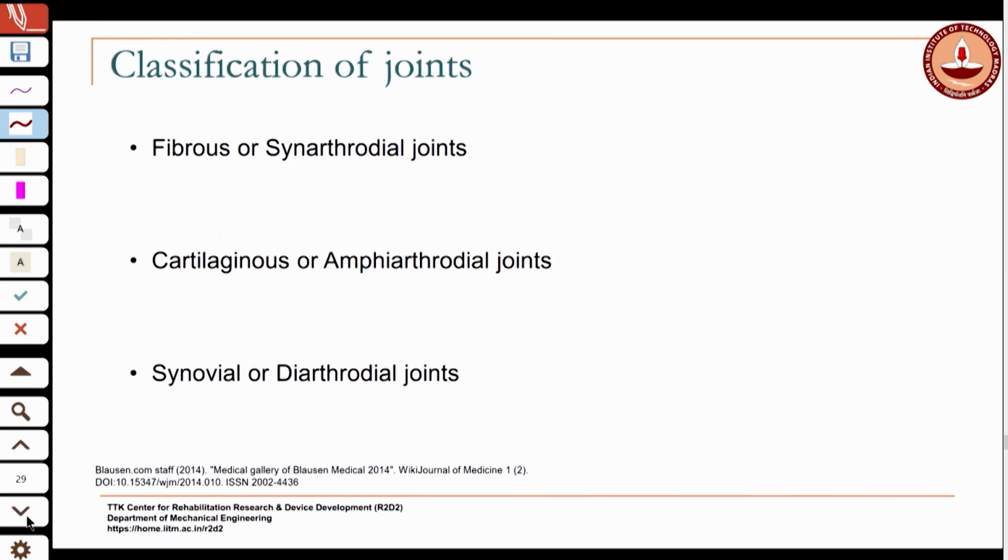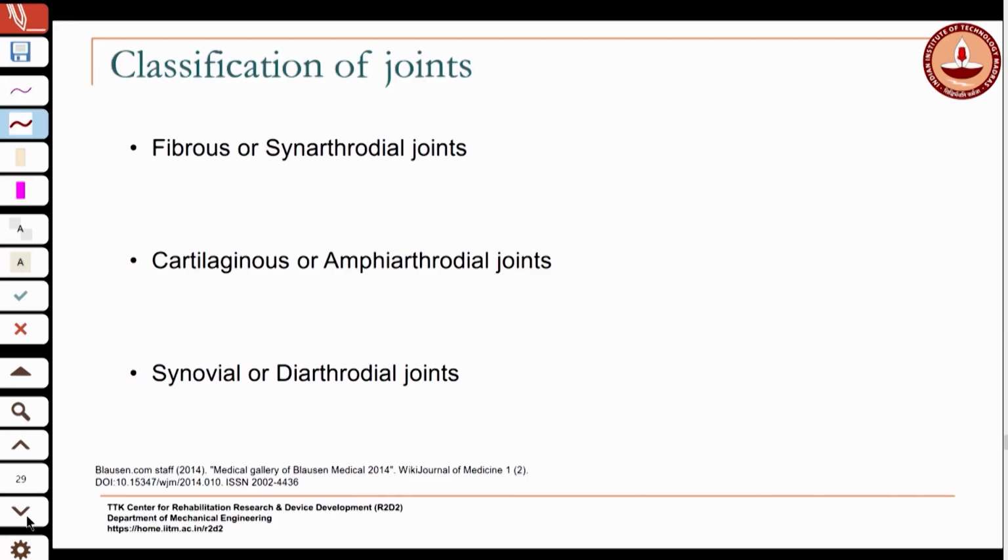So, the next thing we will look at, now that we have looked at how the bones are classified and you have a good idea of the major bones in the body that we will be looking at in terms of movement, is how these joints are classified. Okay. There are various types of classification possible. One is based on the structure of the joint.